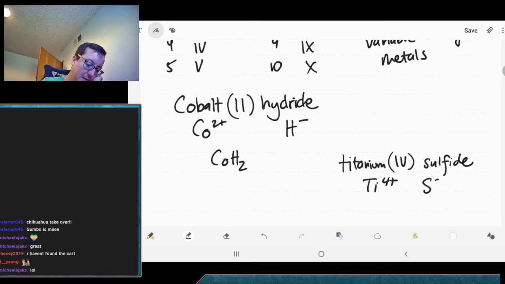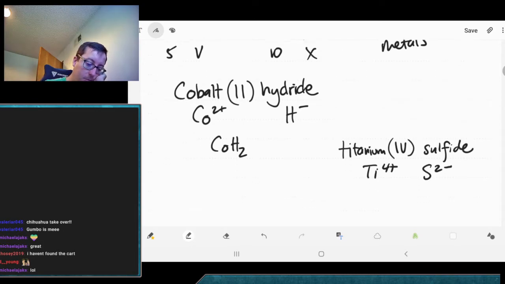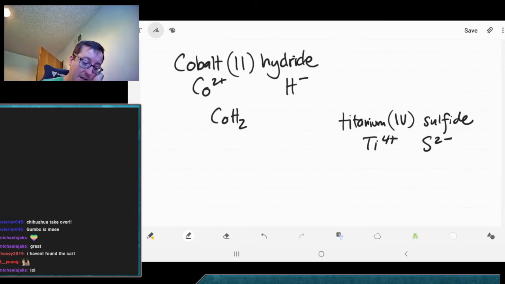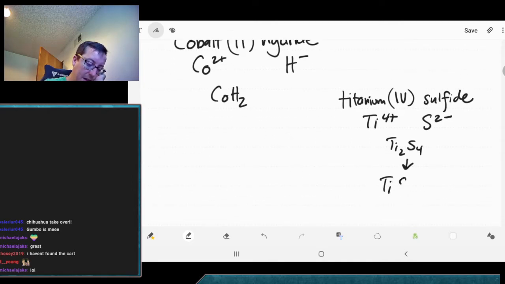Sulfide is S2-. If we crisscross these, we get Ti2S4, which we're going to reduce to TiS2. Or you can just say, oh, well, clearly the charge of the titanium is twice as big as sulfur, so we're going to need 2 sulfurs. Again, either way.